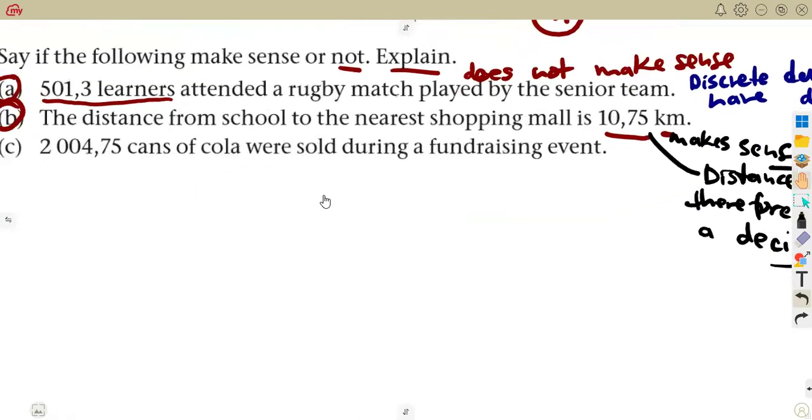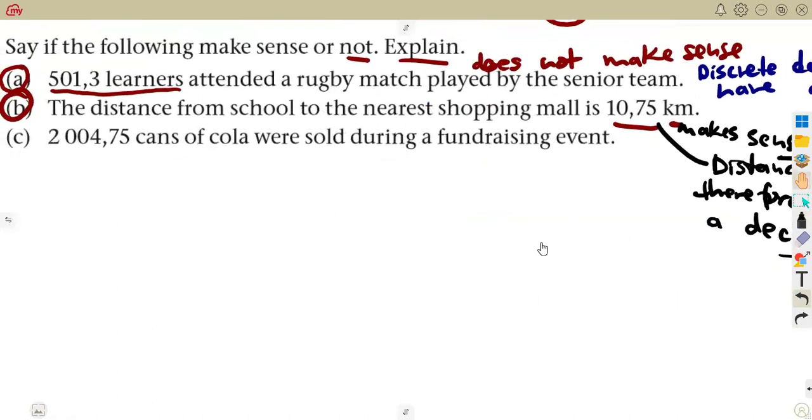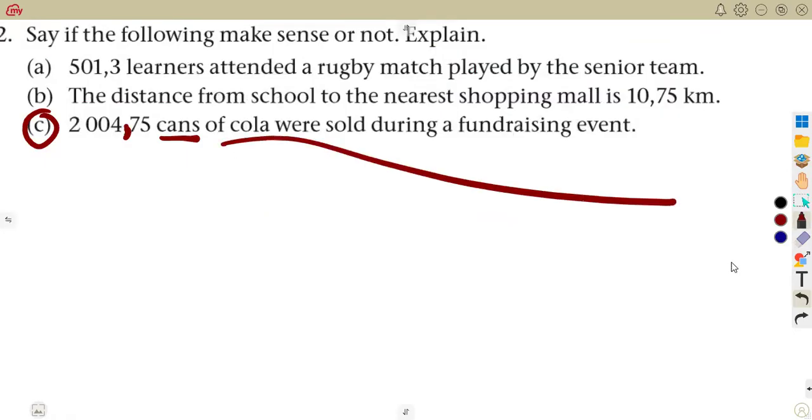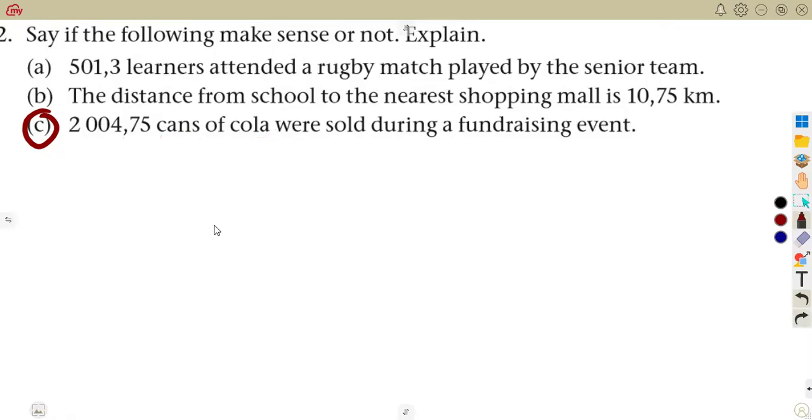Let's move on to another part, which is the last question of this, which is C. You are given 2004,75 cans of cola were sold during a fundraising event. Before we even finish this, does it make sense to say 2004,75 cans?